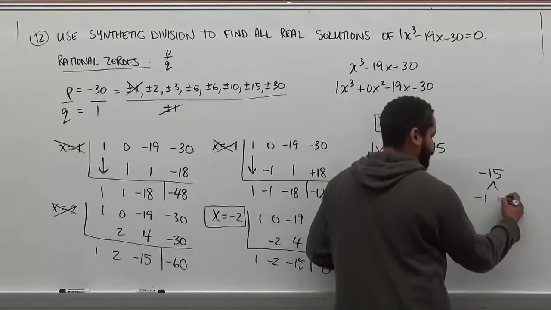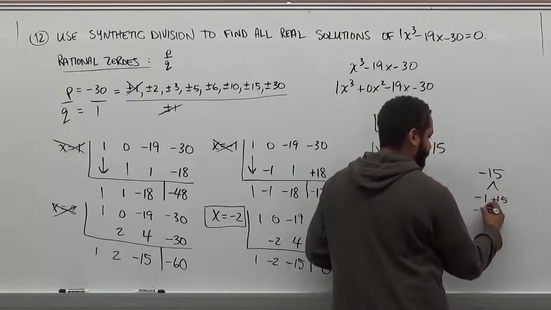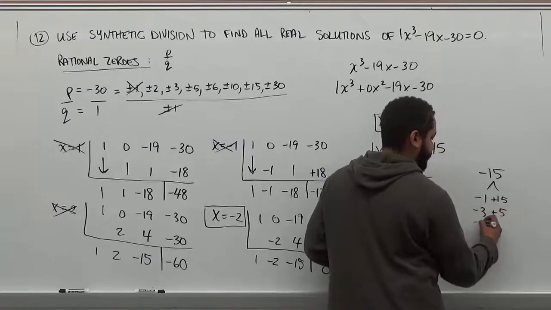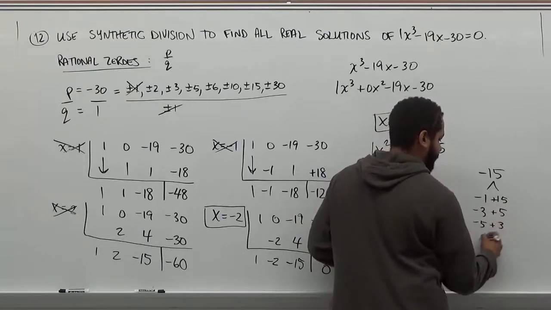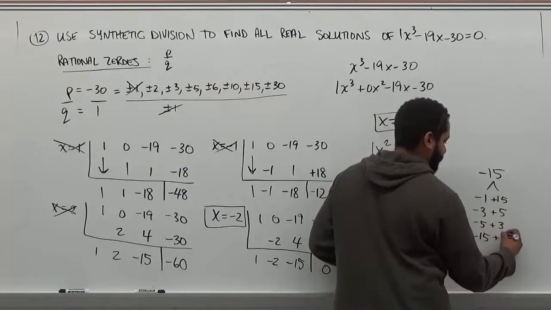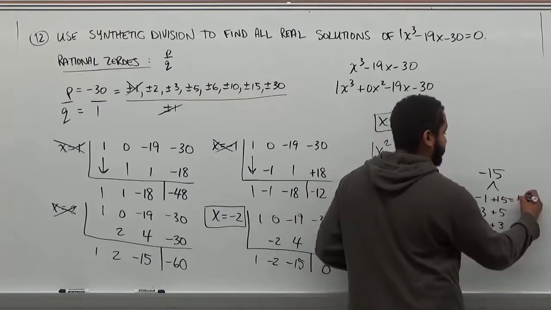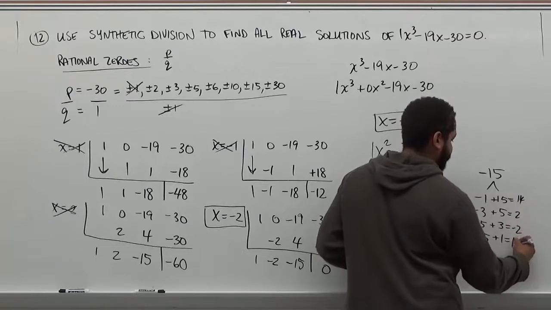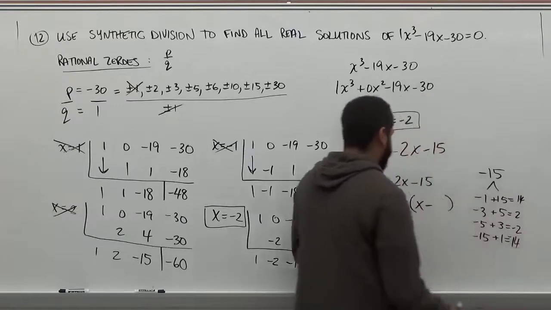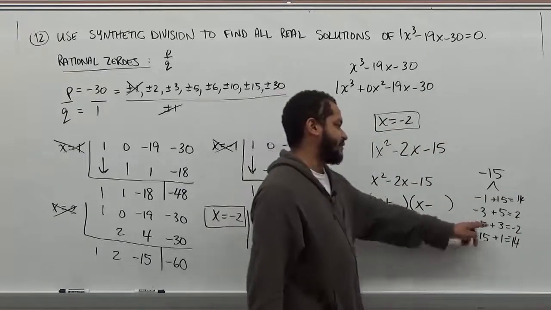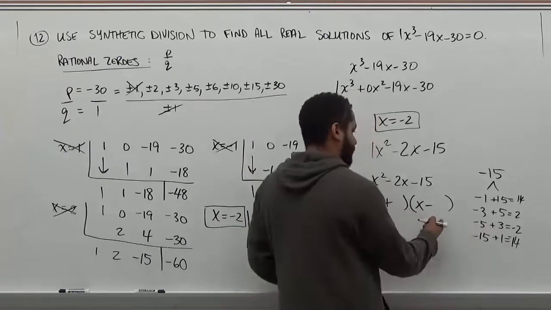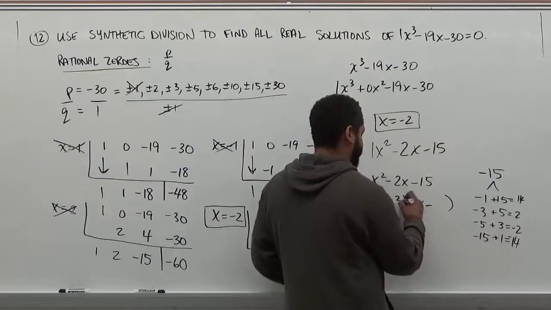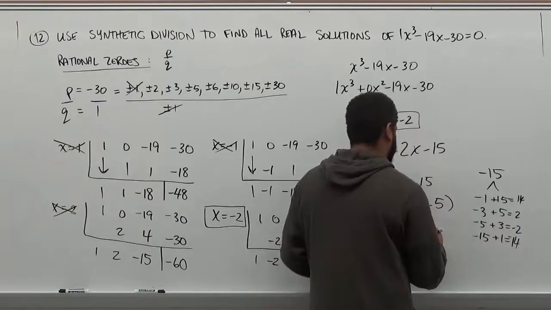We have negative 1 and 15, negative 3 and positive 5, negative 5 and positive 3, and negative 15, positive 1. This is 14, this is 2, this is negative 2, and finally negative 14. We're looking for the negative 2, so we know our factors are negative 5 and positive 3. So the 3 goes here, the 5 goes with the negative, and we solve each one.